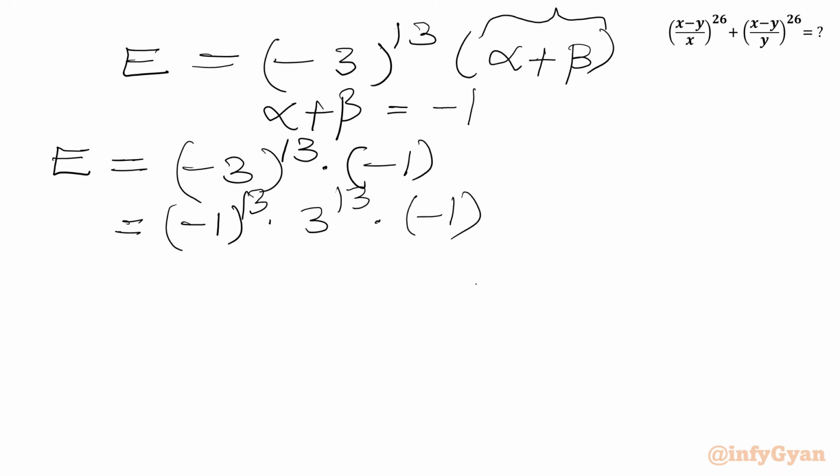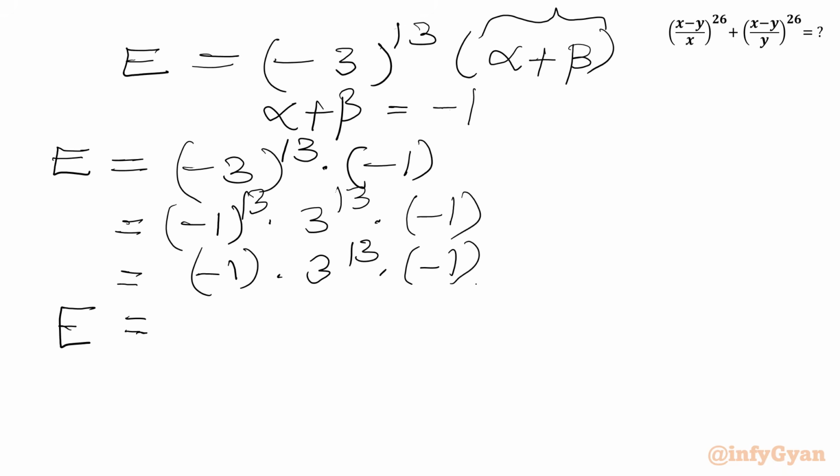Now minus 1 with odd power will be minus 1. So we will write minus 1 times 3 power 13 times minus 1. Minus 1 times minus 1 is plus 1. So we are going to get our final answer. Expression E will be equal to 3 power 13.